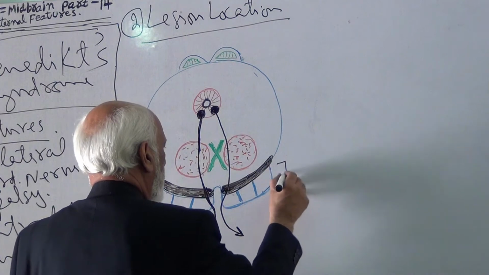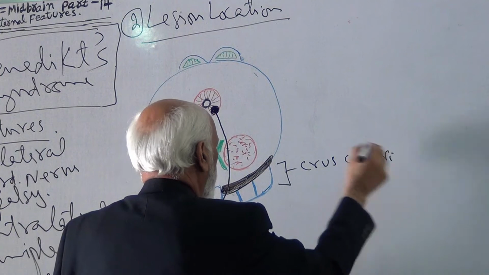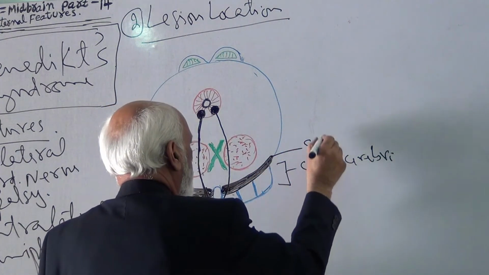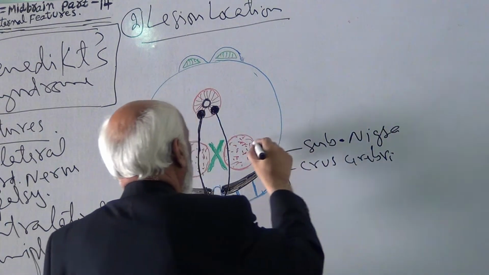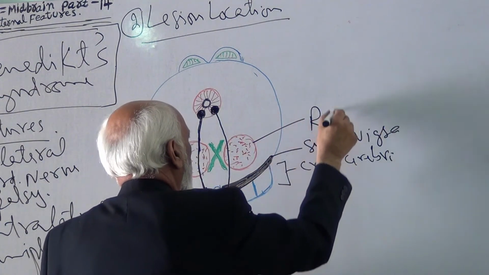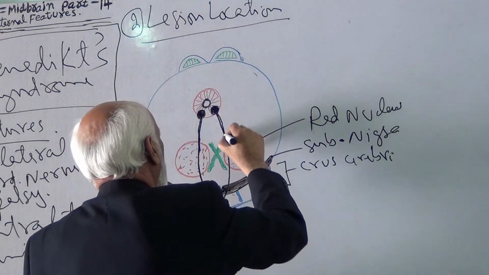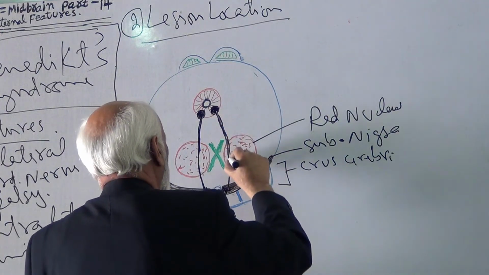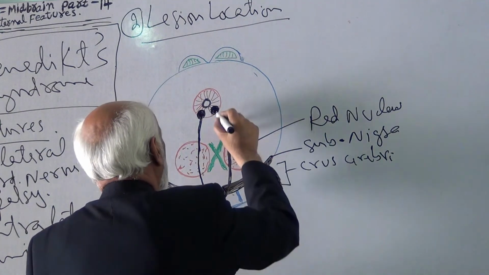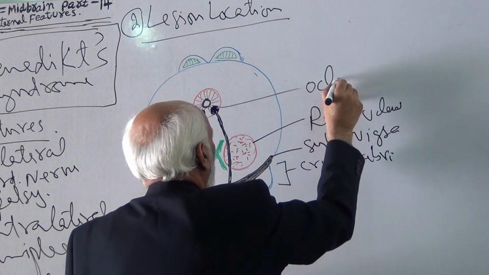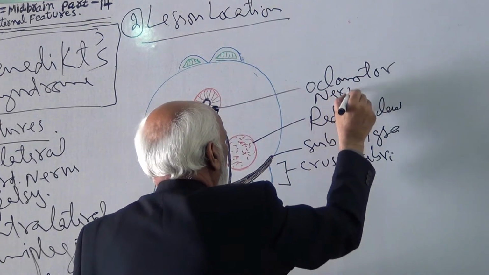So this is the crus cerebri. This is substantia nigra. Red nucleus. Oculomotor nerve nucleus.